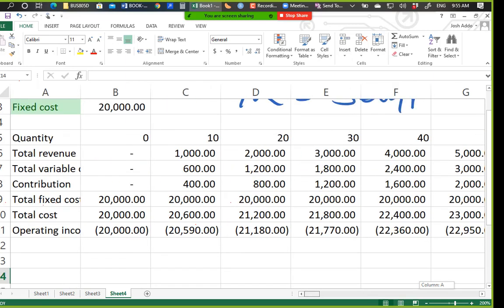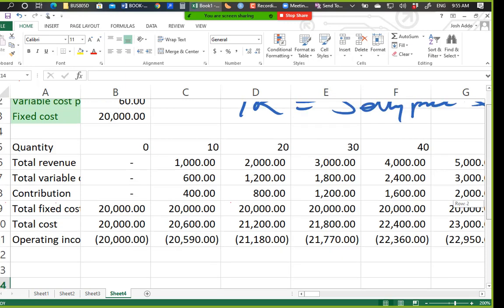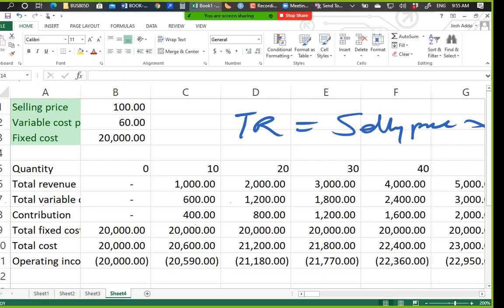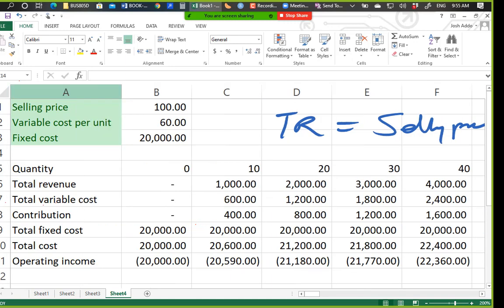So this is the picture we have. With these input variables, selling price of 100, variable cost per unit of this, fixed cost of this. This is the picture. In terms of our total revenue, total variable cost, contribution, our eye is more on contribution, and then maybe total cost and operating income.